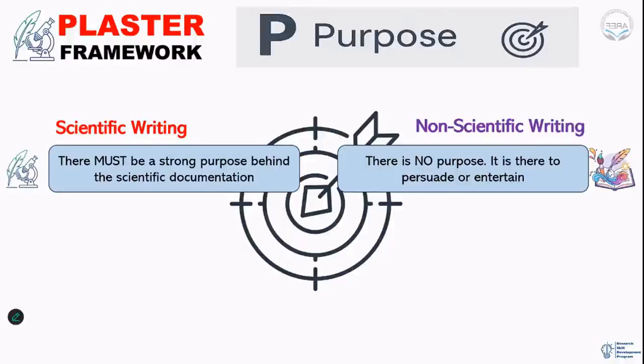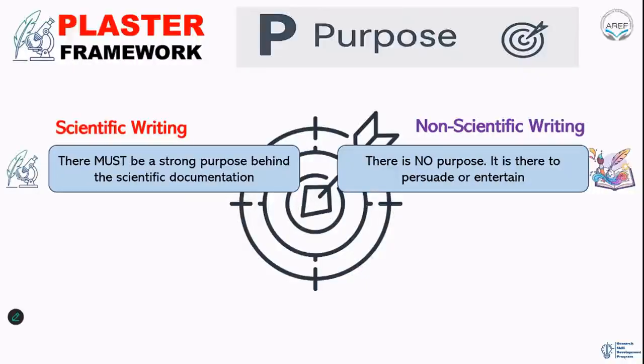But scientific writing is looking to fulfill or answer a certain question, or it will broadly look at a bigger problem and how we are helping to resolve that problem.